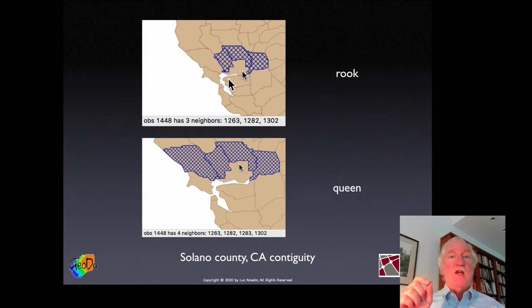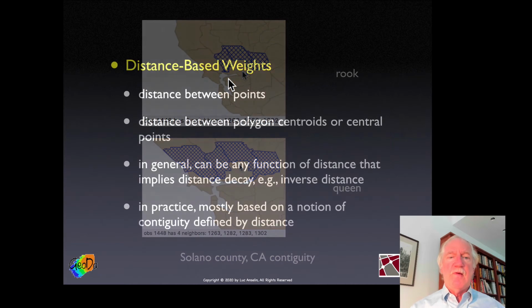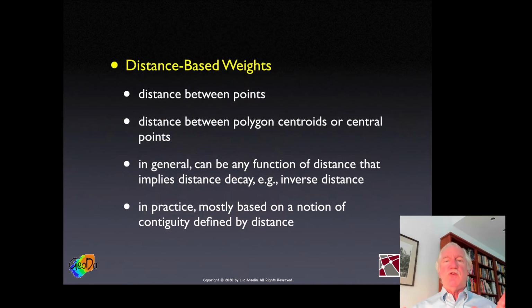But if it was, in fact, a little line, then you wouldn't have a difference between rook and queen. So oftentimes, these differences can be tied back to some issues with the underlying GIS. And in the lab notes, I talk about that some more, how you deal with that in practice with some GIS problems. Okay, so that's for contiguity, common border, rook and queen.